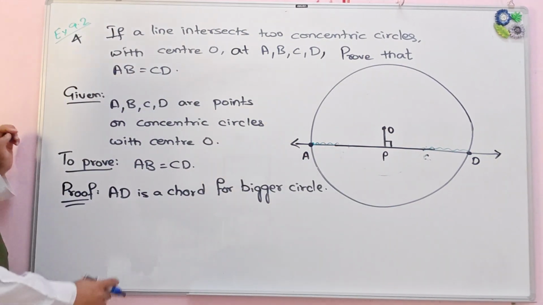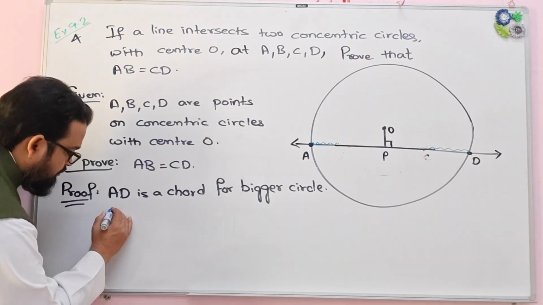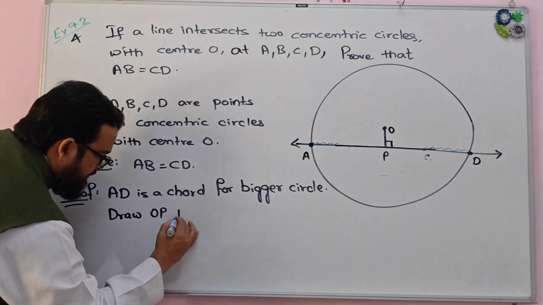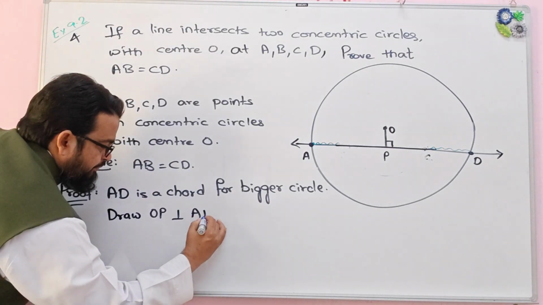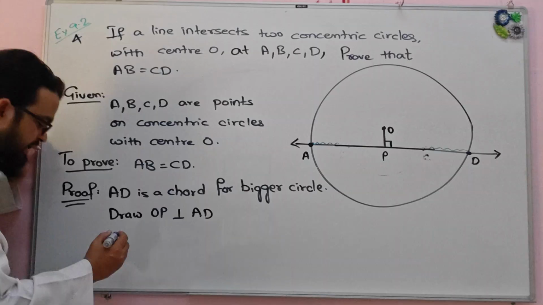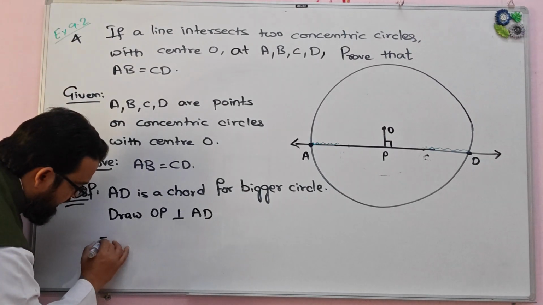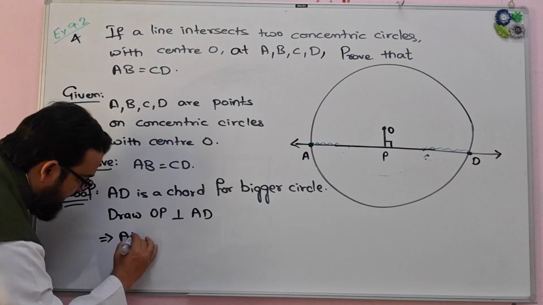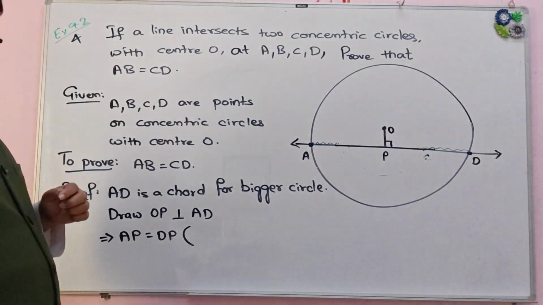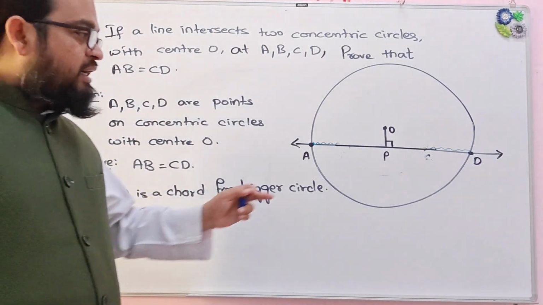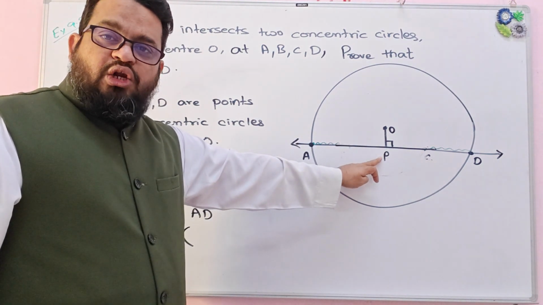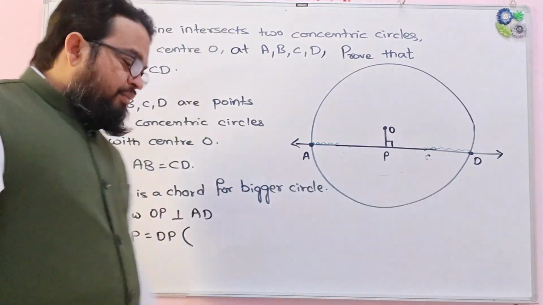So now draw OP perpendicular to AD. Then we get AP is equal to DP. What is the reason? In the theorem we have studied that the perpendicular line drawn from the center onto the chord bisects the chord.